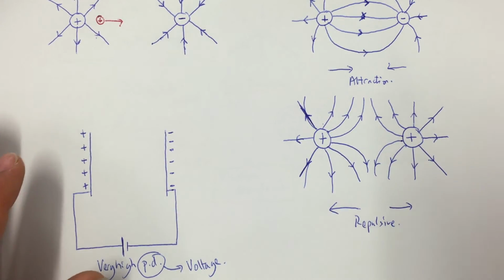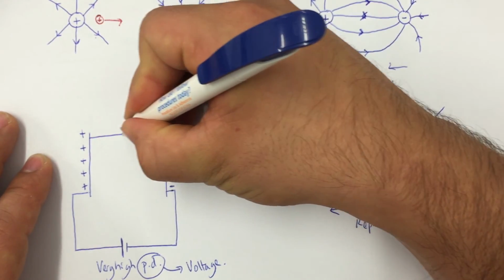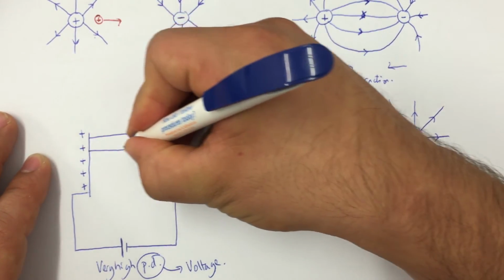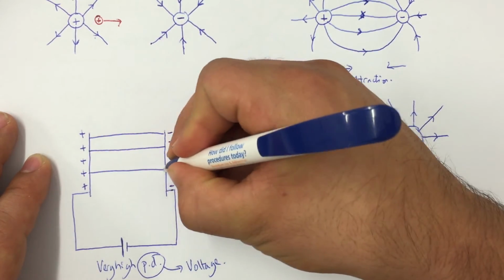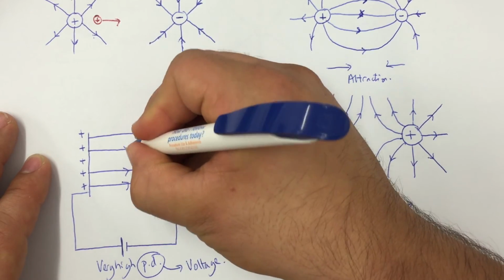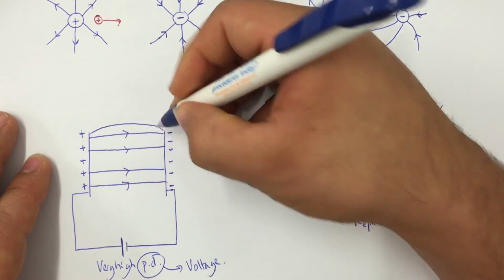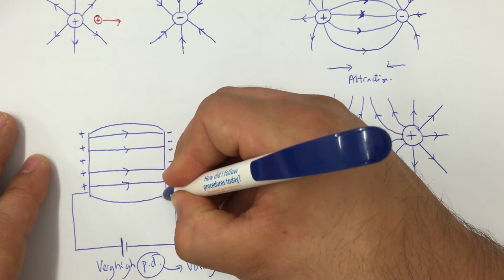So then to fill in my electric field, it always leaves positives and goes to negatives. Between the plates, it would be perfectly uniform straight lines, like so. And then at the very edge of the plates, it does curve ever so slightly.